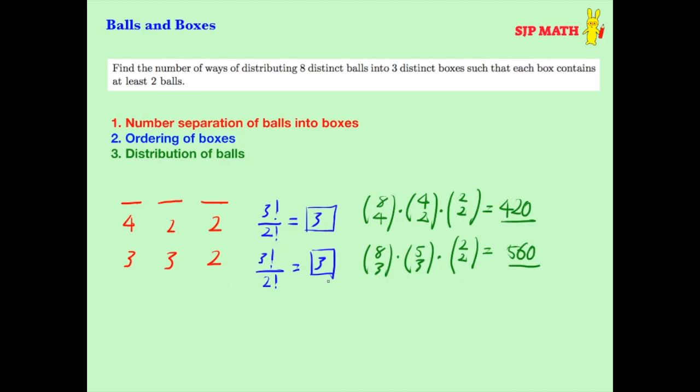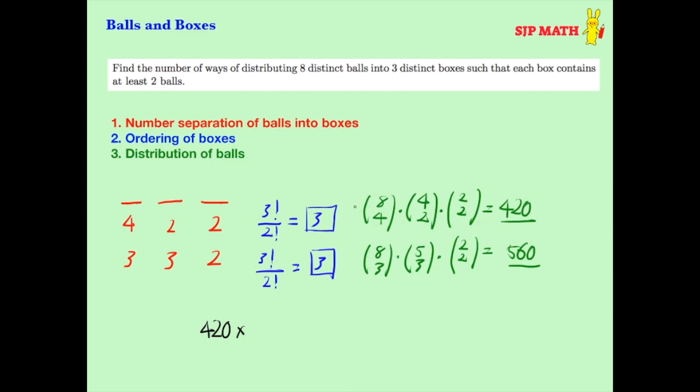Here we finished all 3 steps, but we're not done yet. We have to multiply these 2 values. So 420 times 3. These are different cases, so we have to add them together. But here we have to consider the ordering of the boxes and the distribution of the balls, so we multiply them together.